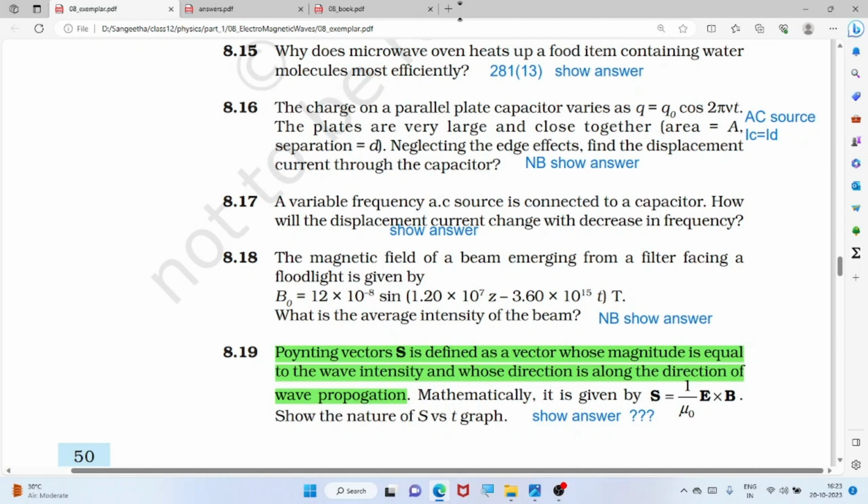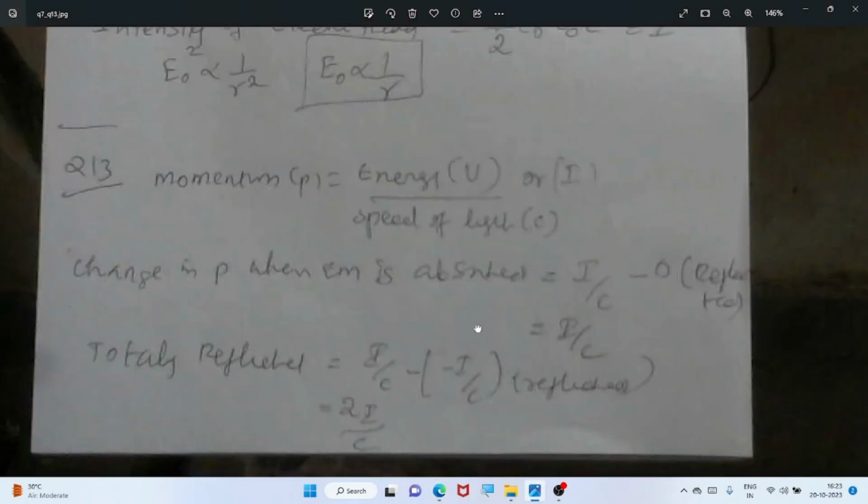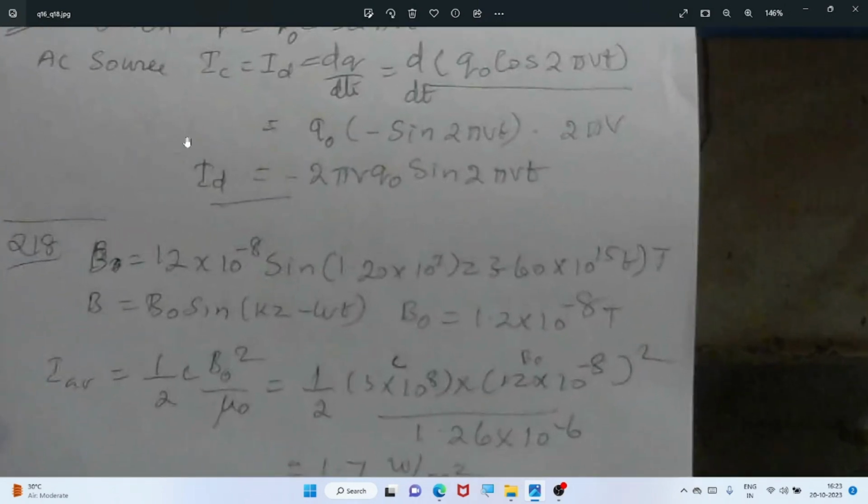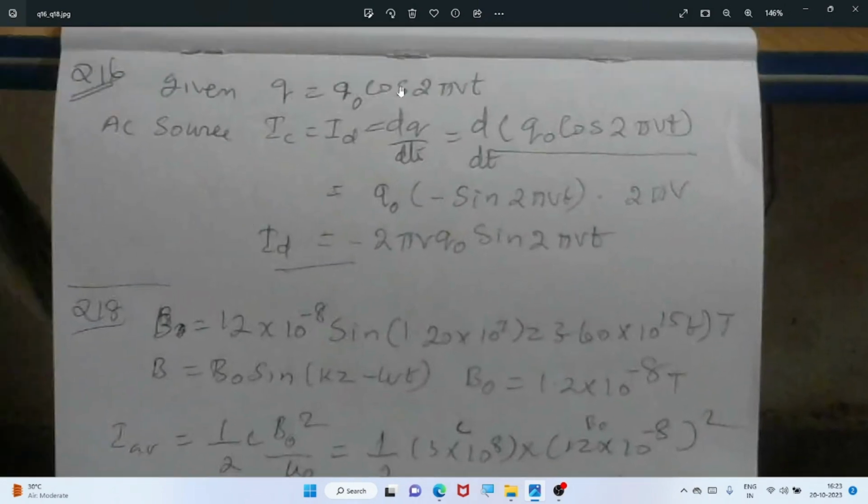For the AC source, the conduction current equals the displacement current, so I_C equal to I_D. Differentiating the charge, dq by dt, after that you will get this displacement current.